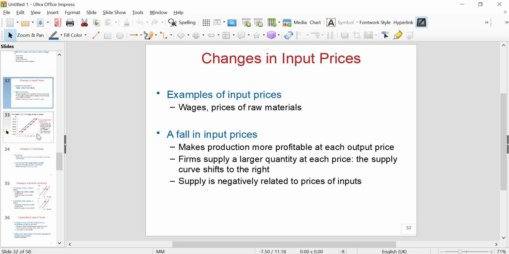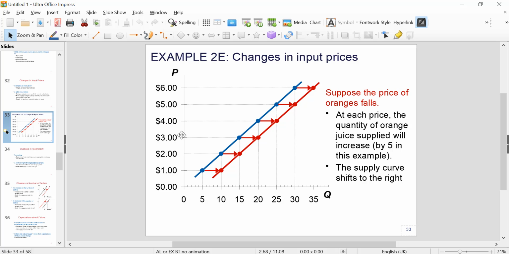Here's an example that is illustrated. At each price, the blue supply line, which was the original, shifts to the right in this case, and that gives us a new supply curve here. Because this product became more profitable to make, suppliers started making more of it, and they could sell more of that product at the given price.